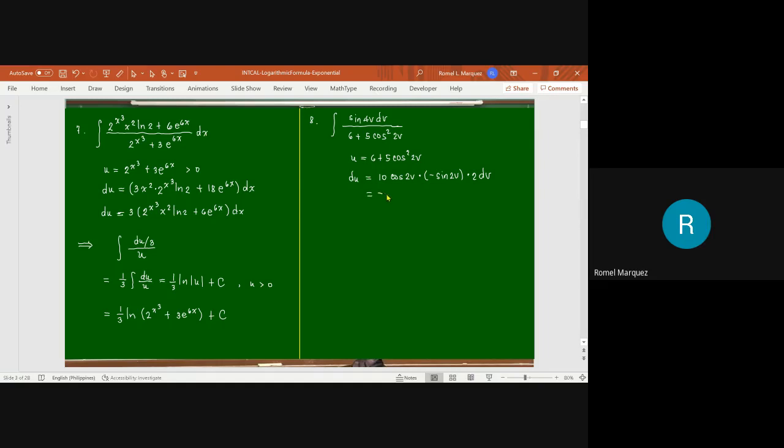Let's now have negative 10 times sine 2v cosine 2v. What does this expression remind you of? It's the numerator, guys.